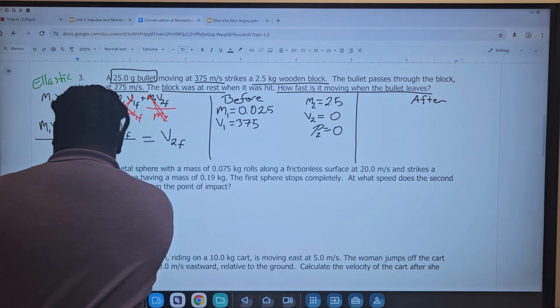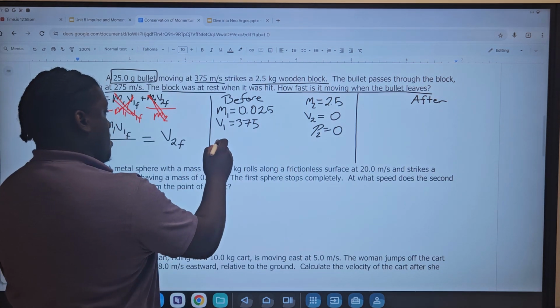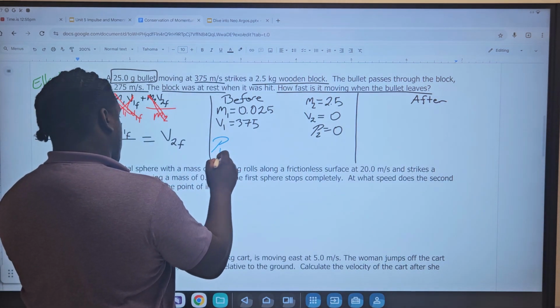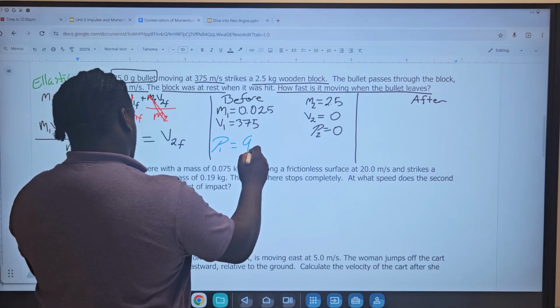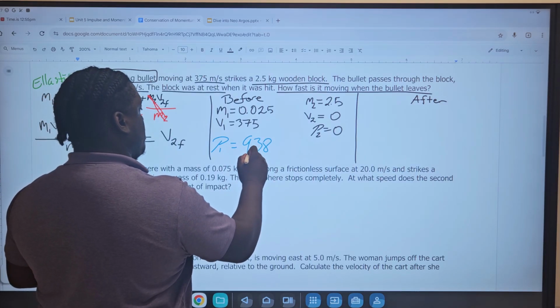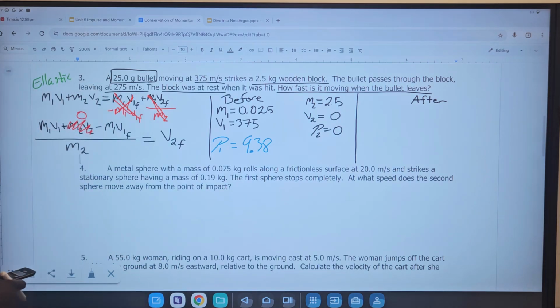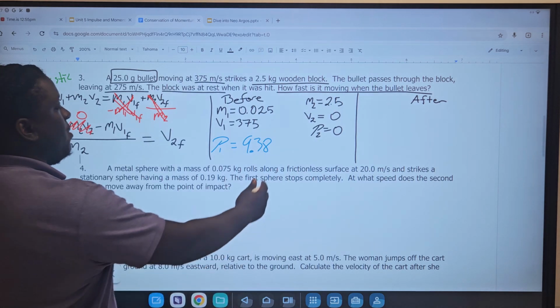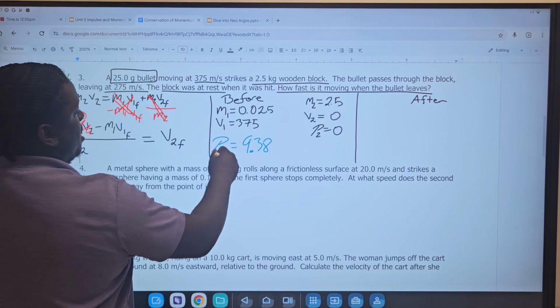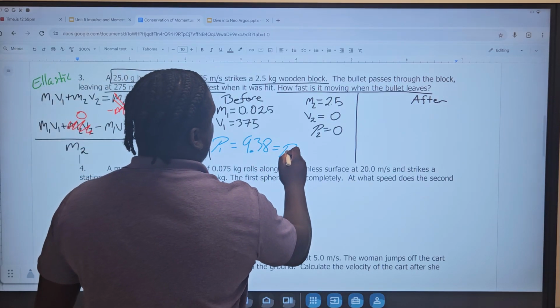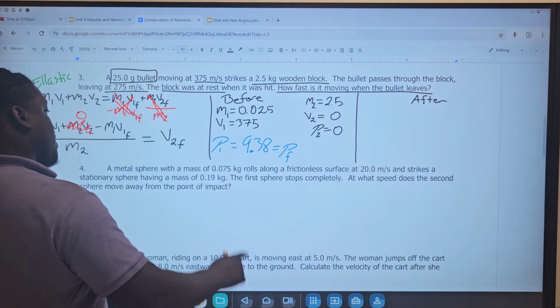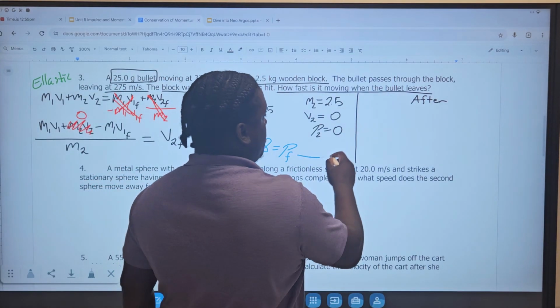Okay. The momentum here is going to be 9.38. And so because this is the only momentum, that is also our final momentum. And so we're going to take this and move it to the end.